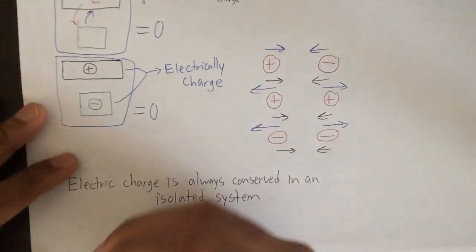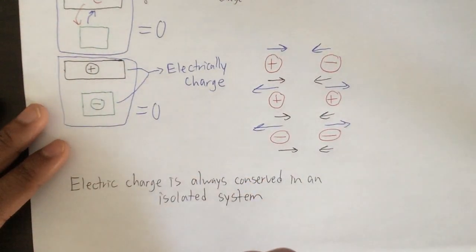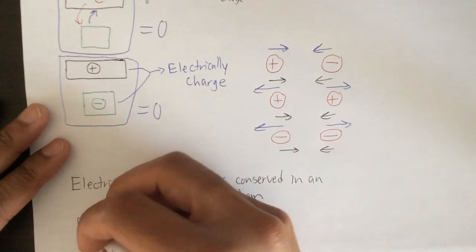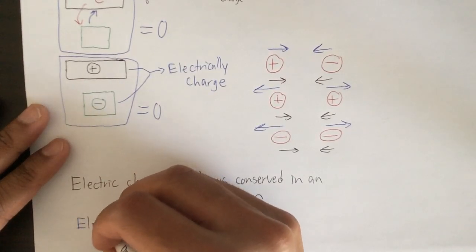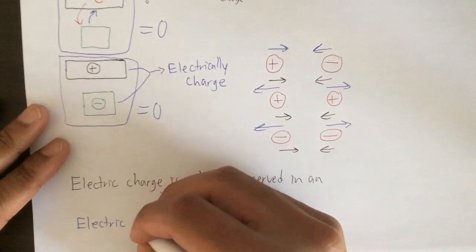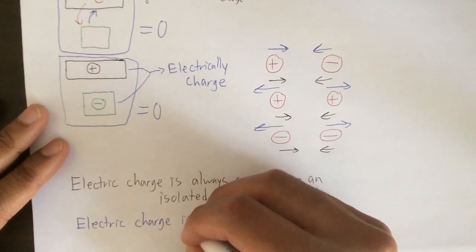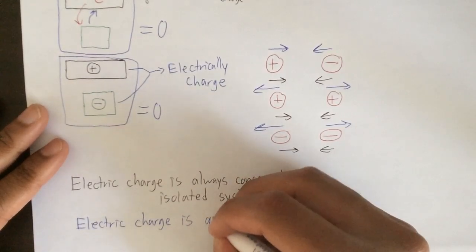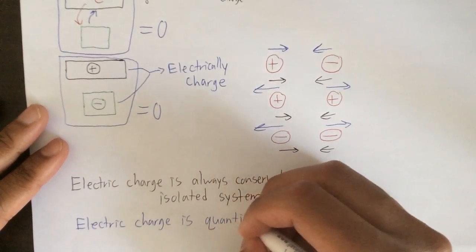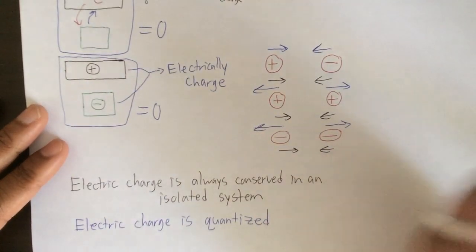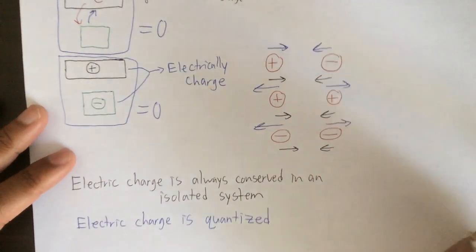And this property is stated as follows. Electric charge is quantized. Well, you might ask, what does that mean?